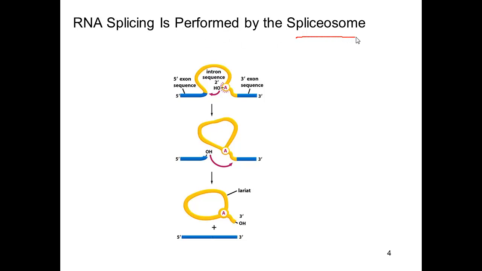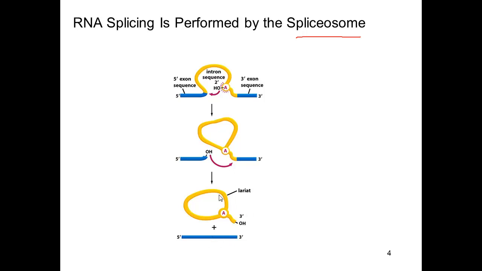Splicing is performed by a protein and RNA complex called the spliceosome. It's a very large, complex machine, and an example of the RNA doing some of the chemistry involved with the splicing of exons, and that is that base pair A that was in red in the previous slide, attacking the upstream exon-intron boundary, forming this lariat structure, which then is cleaved out.